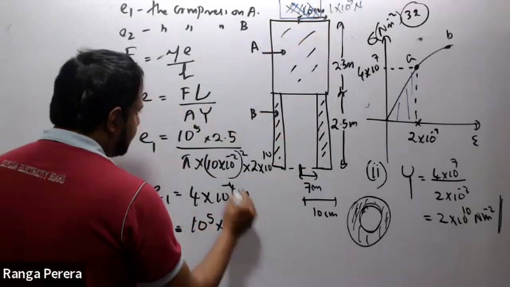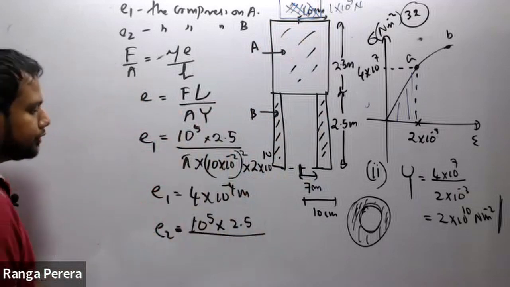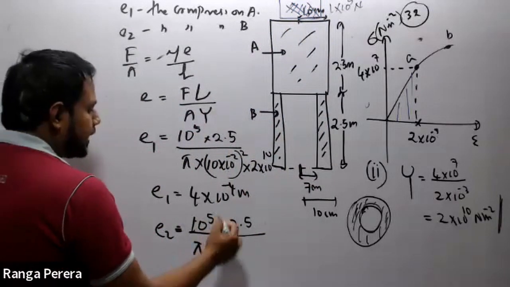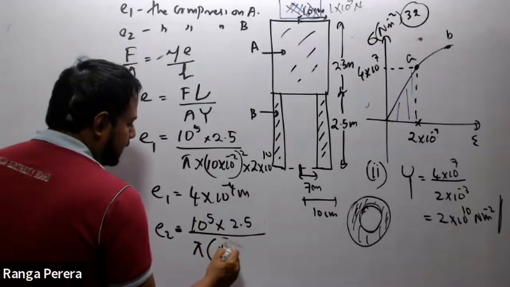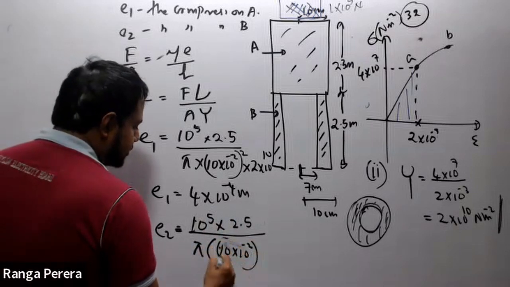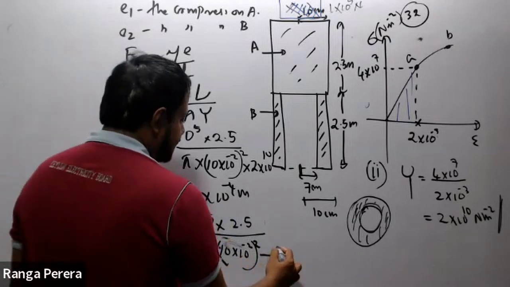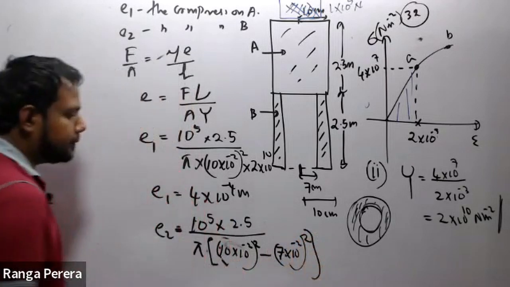Length is 2.5. I'm using the same equation. How do we find the cross section area? Check whether you are clear with this. Pi times (10 to the power minus 2 squared minus 7 times 10 to the power minus 2 squared). Why do I subtract like this?